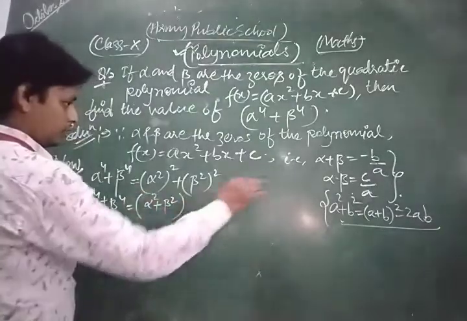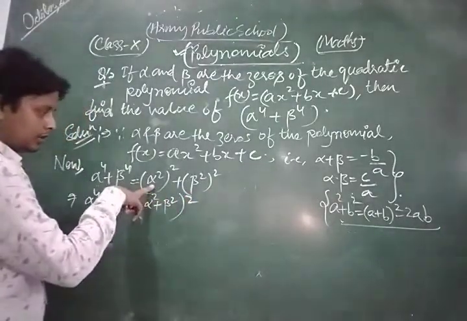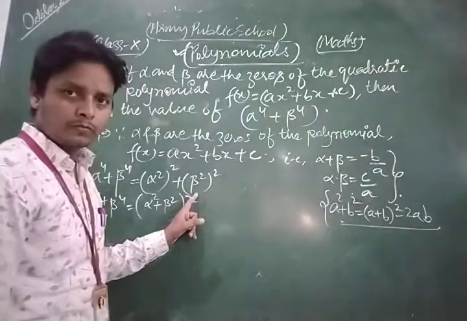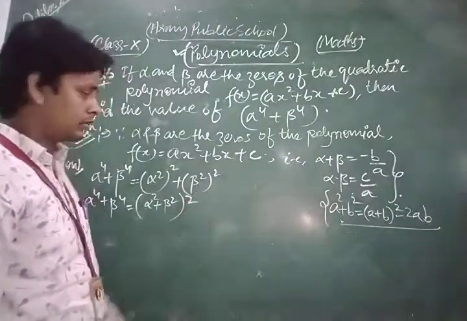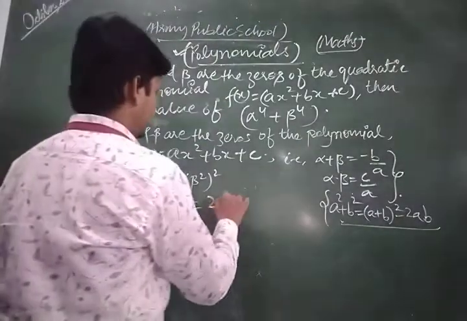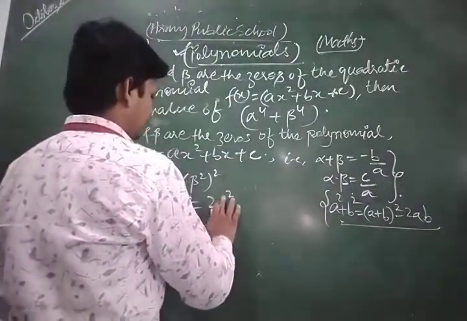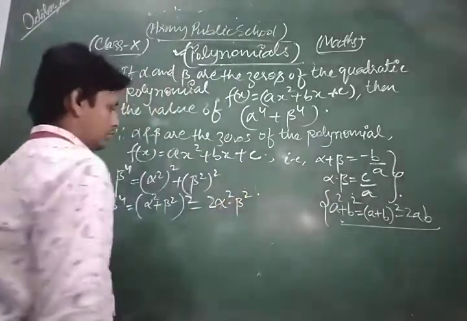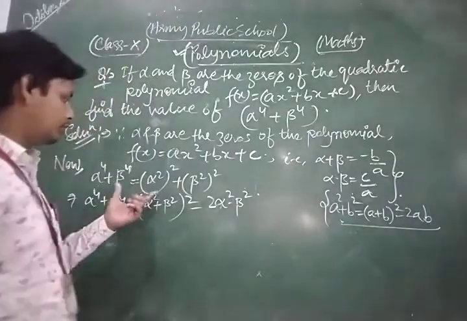So alpha power 4 plus beta power 4 we can write as alpha square plus beta square whole square, because the value of a is alpha square and the value of b is beta square, minus 2ab, that is minus 2 alpha square into beta square. First of all we arrange the given values in this way.